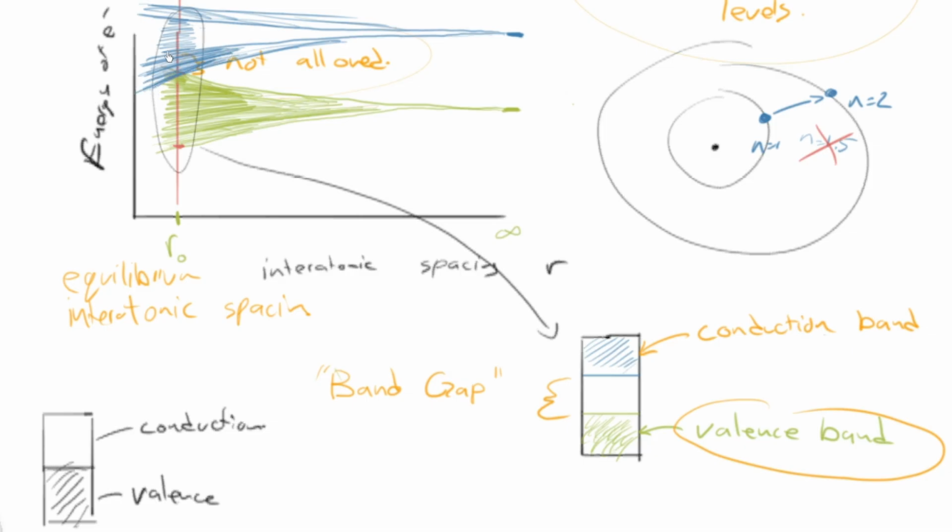This can happen, and they overlap. Well, now if they overlap, you're going to have no band gap. And what does that mean? Well, that's fantastic. That means even just at room temperature, there's enough thermal energy to excite an electron up into the conduction band to free it up from the nucleus it was originally bound to and allow it to conduct electricity. So metals, for example, have that type of band structure with no band gap.